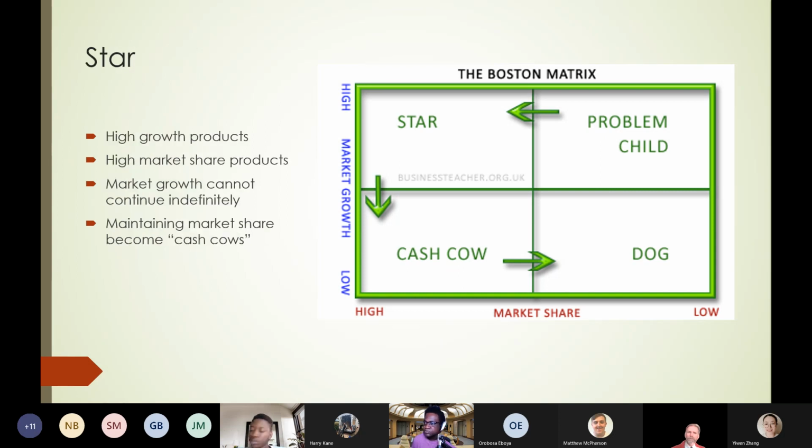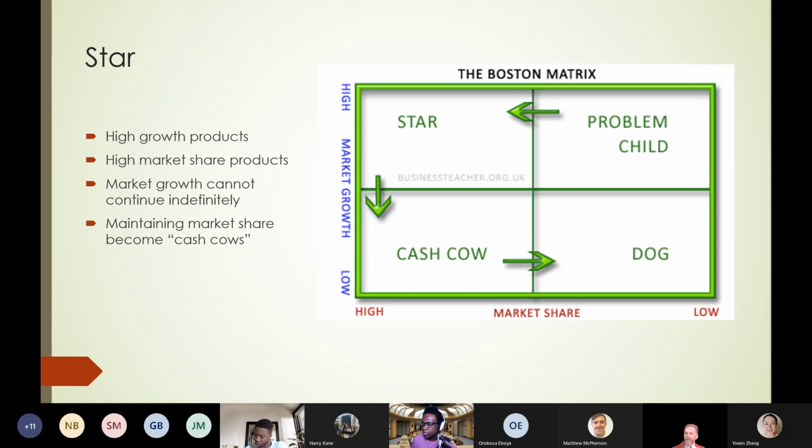Top left there, you've got the star, and that's, you know, your good products. It's whatever you're doing, it's high growth, so you're selling more or getting in more custom. It's got a high market share, so people will come to you more than anyone else.